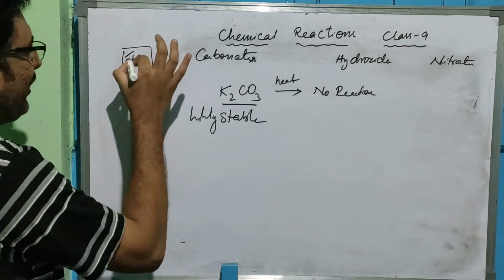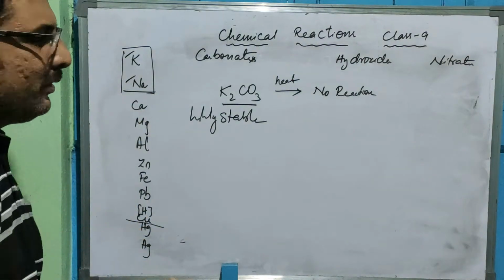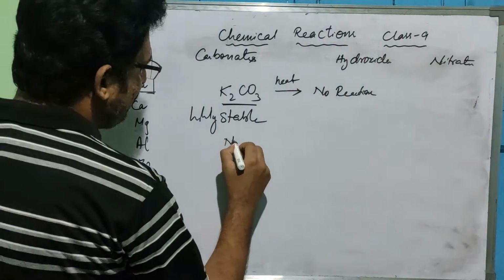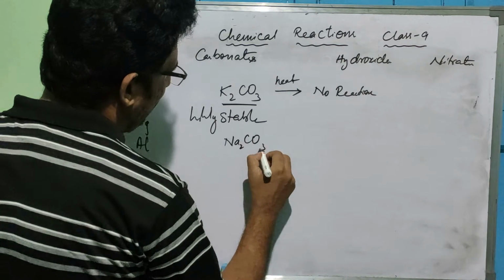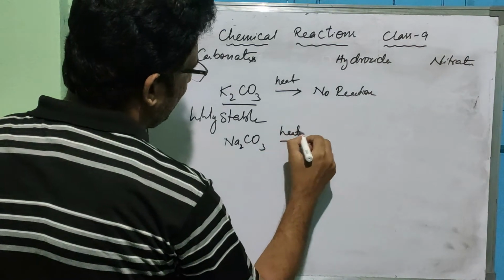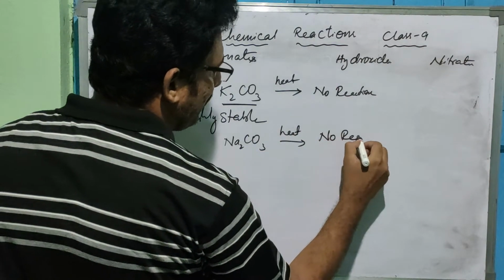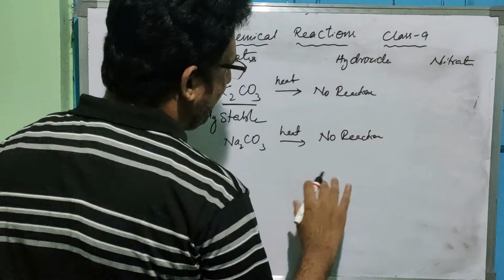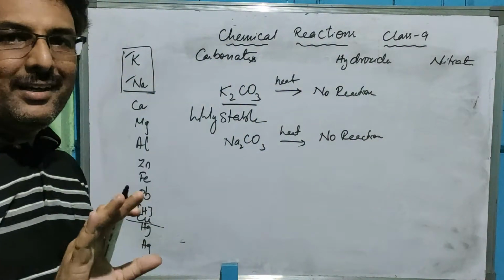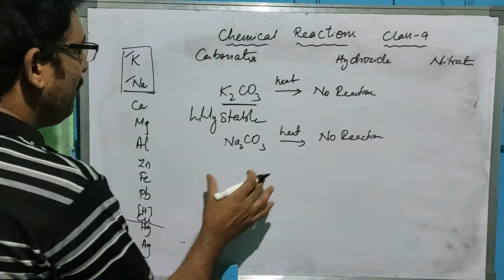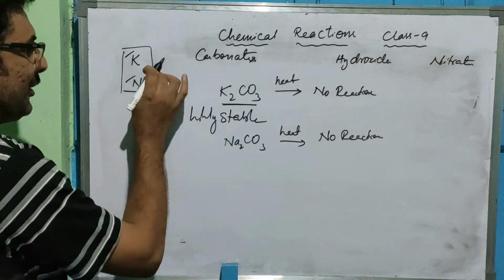Similarly, potassium and sodium belong to the same group, right? So even sodium carbonate does not undergo thermal decomposition. On heating they will be inert. So this is about the carbonates of potassium and sodium.